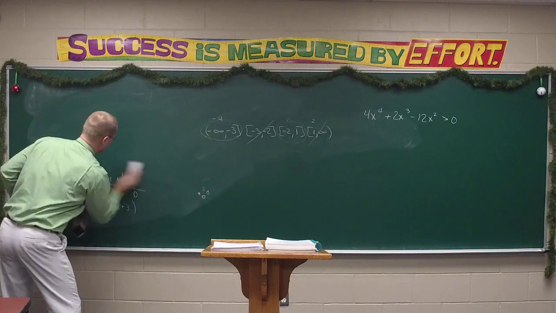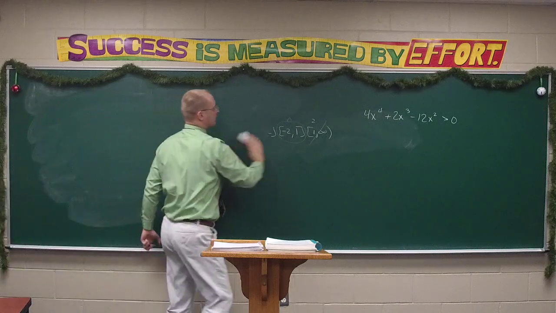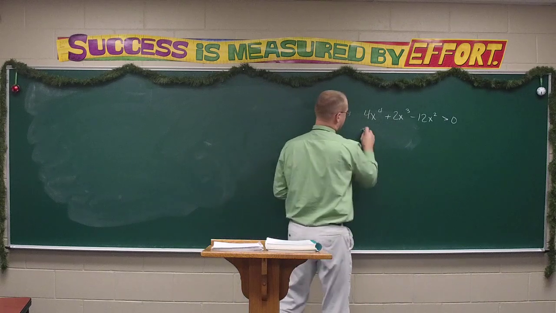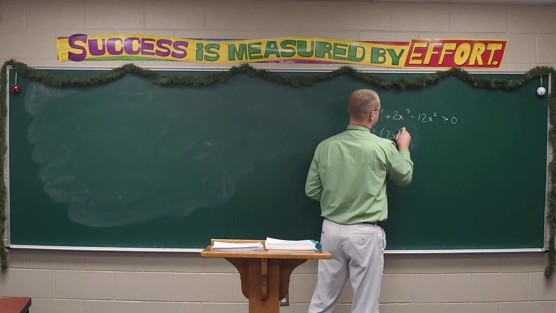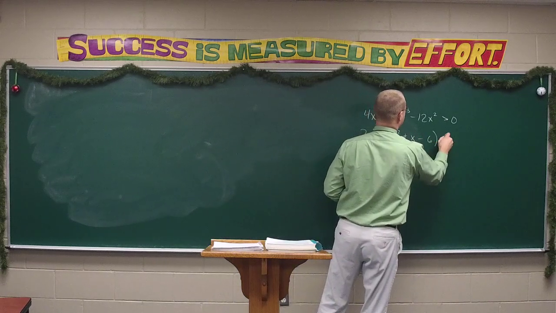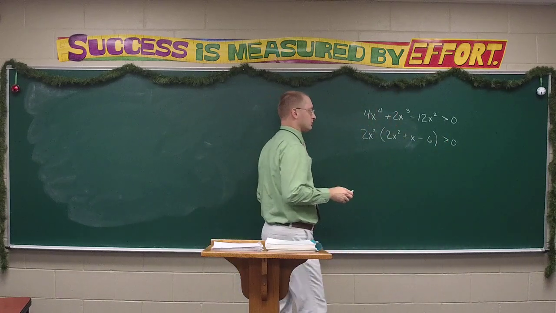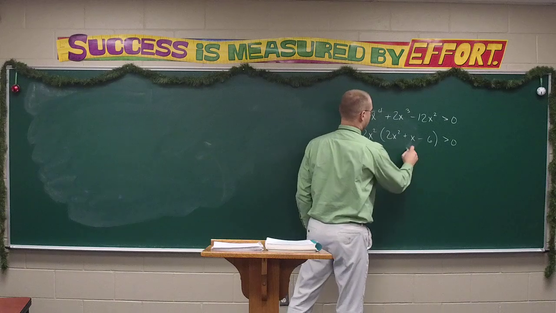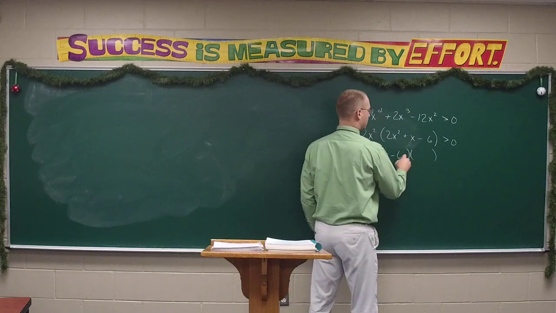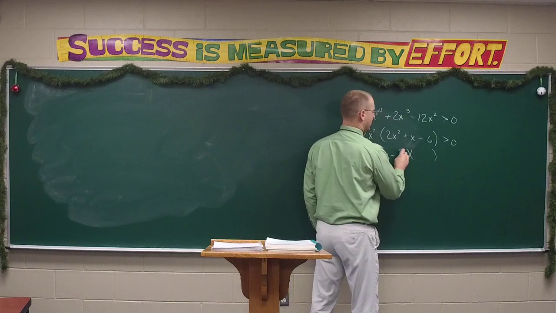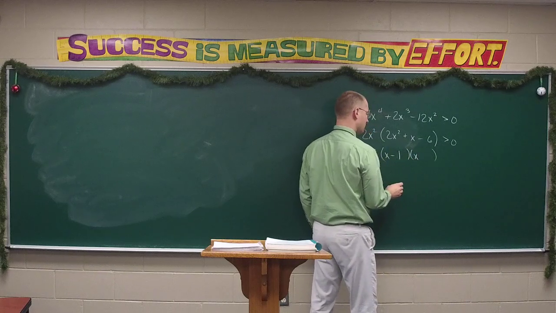Good, and that leaves us with what in parentheses? 2x squared positive x negative 6. All right. Greater than 0, then? You get factors. And then you get x negative 1, x positive 3.